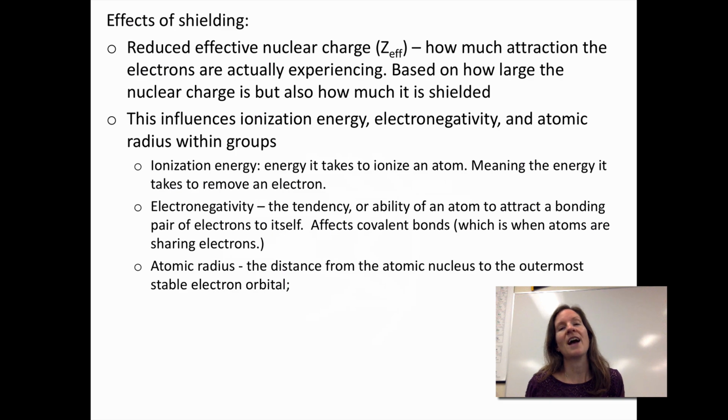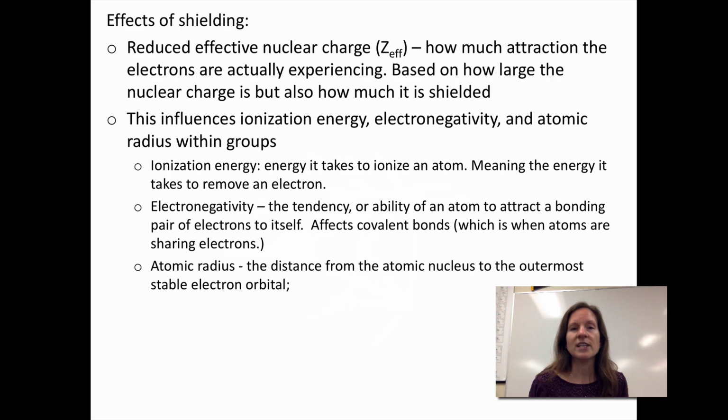So essentially, we have a decreased effective nuclear charge because of shielding. So even if I have 10 protons in the nucleus, which is more than 4, those 10 might have a decreased attraction for the electrons because of an energy level shielding between themselves and those valence electrons. Okay, so that's one effect of shielding.